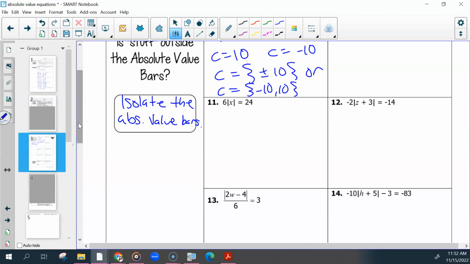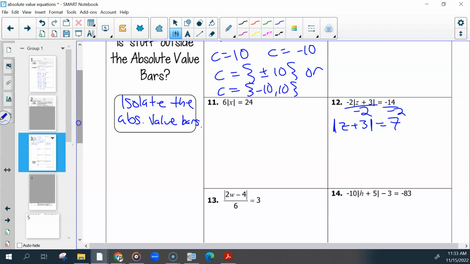Not distribute, because we don't want to do anything inside. Victoria, what were you going to say? Division. Because these two things are multiplying to each other, so we're going to get rid of the negative 2 by dividing. I mean, is that what you were going to say too? We're not distributing because technically the inside doesn't exist right now.